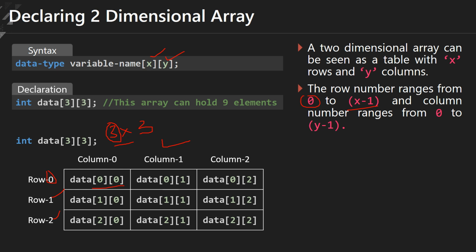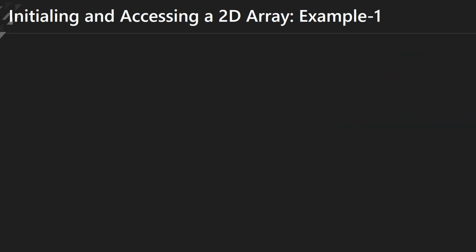To access it, you have to use data of 0 comma 0. Then 0 1, 0 2, and for the second row you use 1 comma 0, 1 1 and 1 2, and for the third row you use 2 comma 0, and so on. Like that you can declare a two-dimensional array.